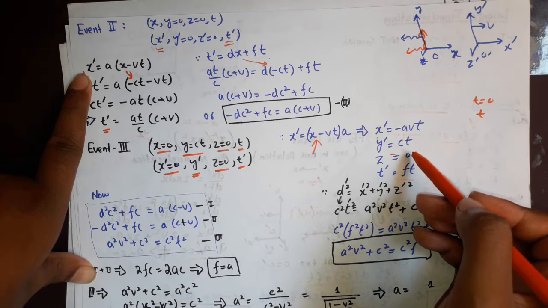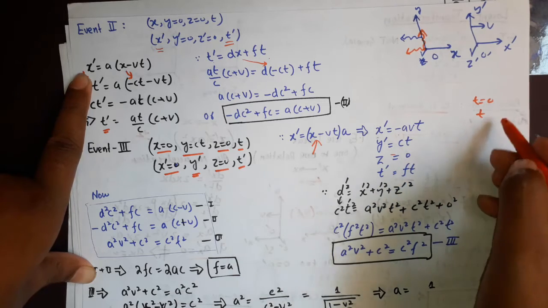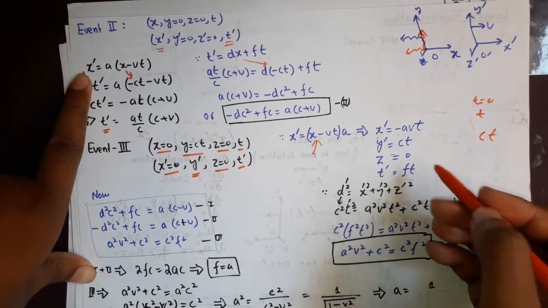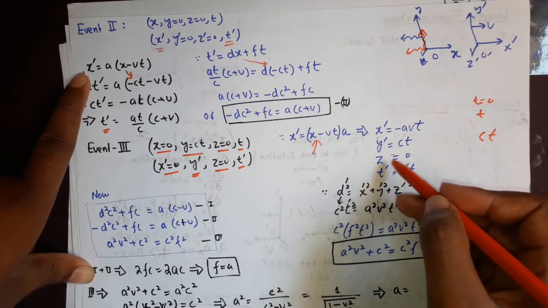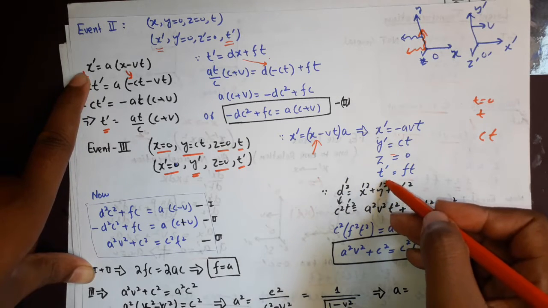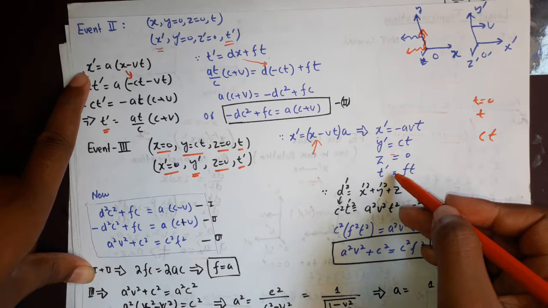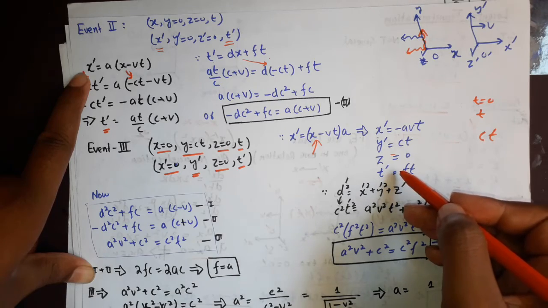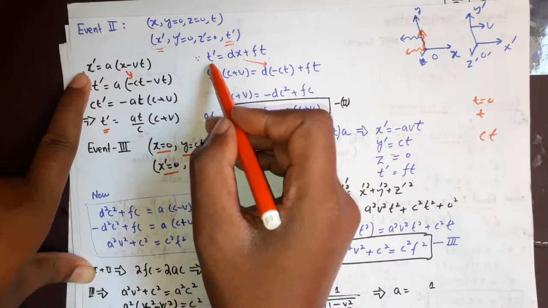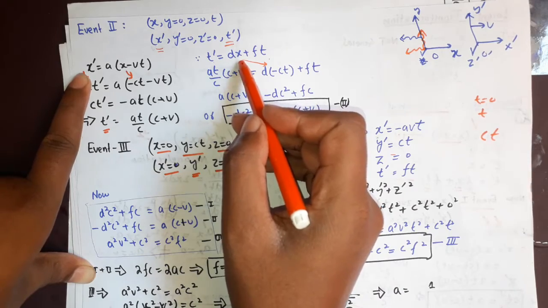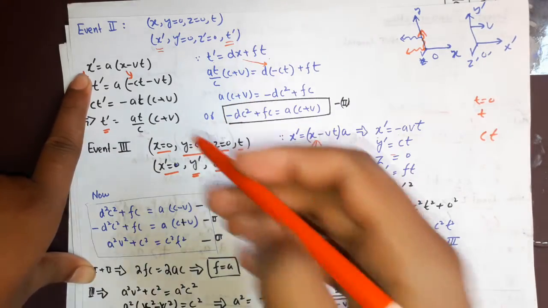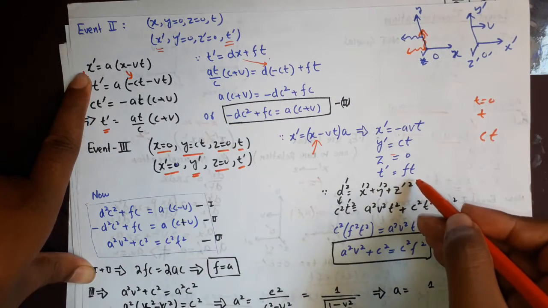Obviously the distance covered in any frame by light will be c times t, using the second postulate, and z is equal to 0. And t prime is equal to dx plus ft, and since x is 0, this only gives us ft, so t prime is equal to ft.